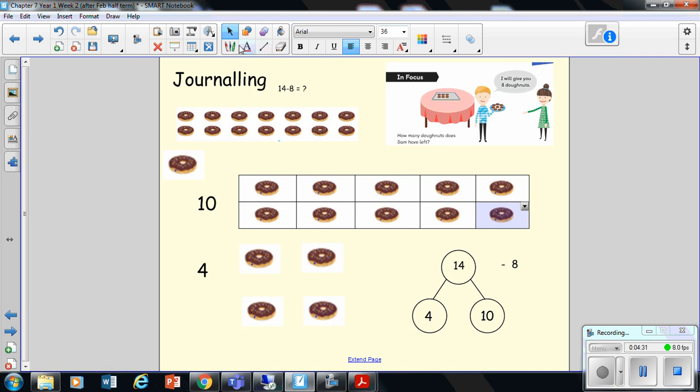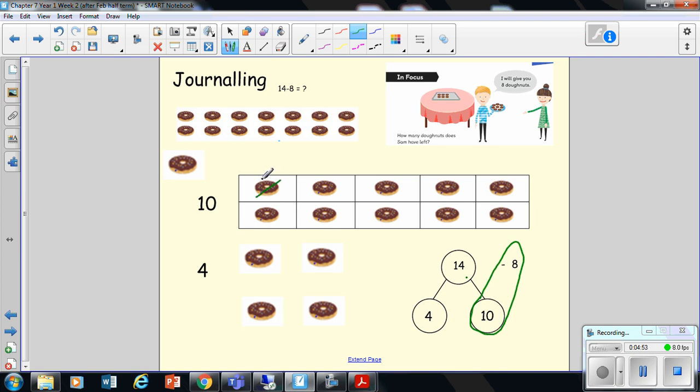Now our number sentence is, we've partitioned our 14, we've just done that, we've got 10 and 4, we've got 4 here and our 10. What we're using is our 10 to take away 8 from it. Okay, and the way you're going to do that is simply by crossing off our 8.